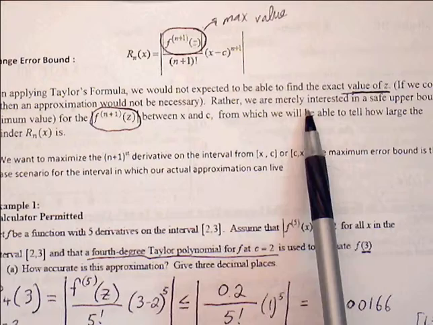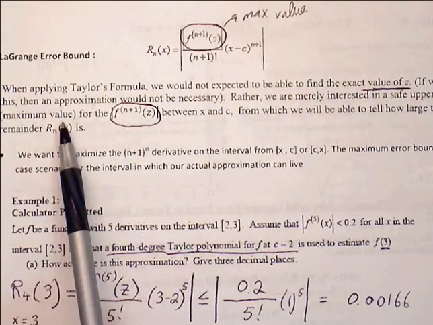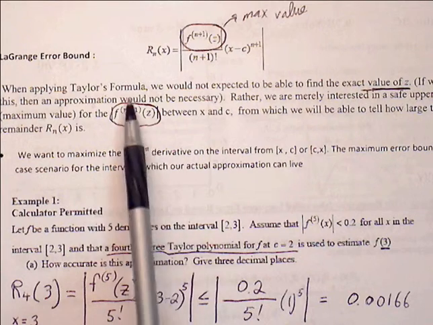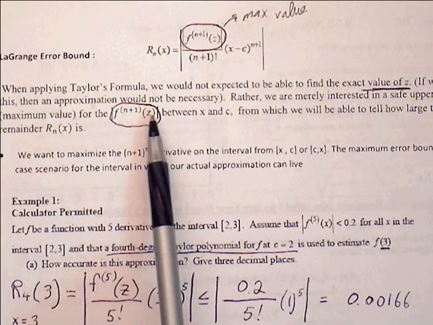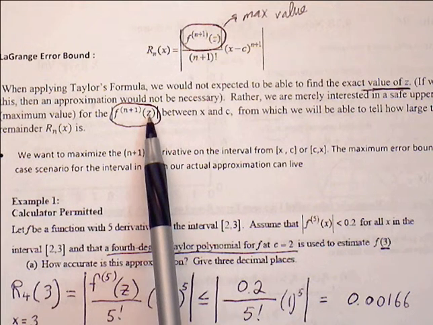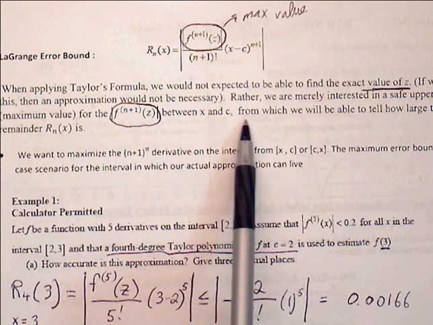Rather, we are merely interested in finding a safe upper bound, a maximum value for this expression here, and we're going to simply choose a z value that's going to sit between x and c, from which we'll be able to tell how large the remainder is.